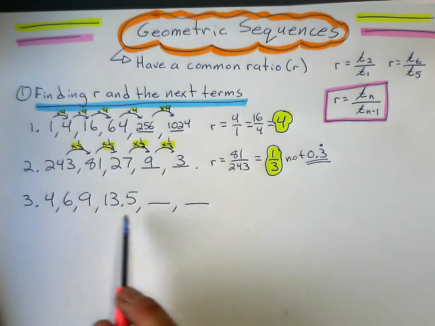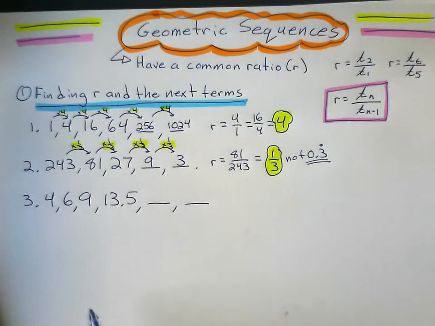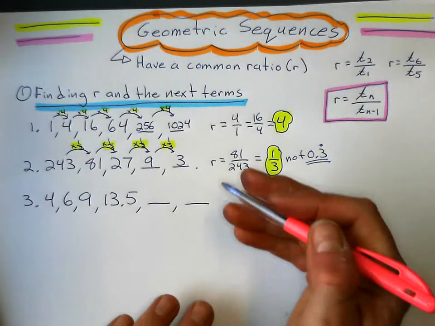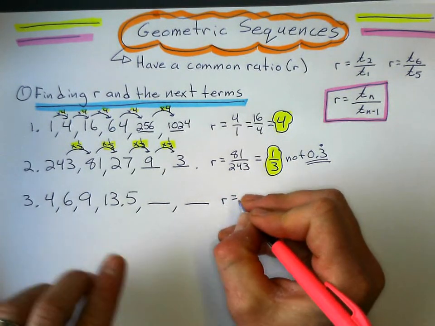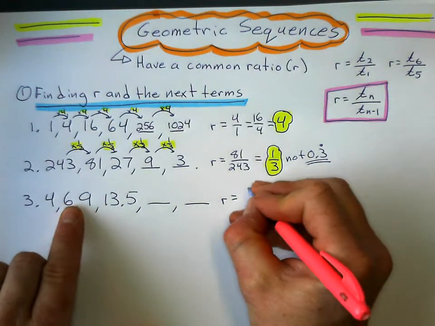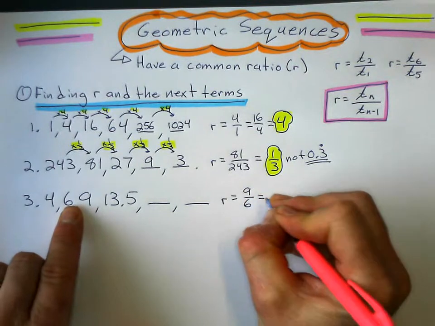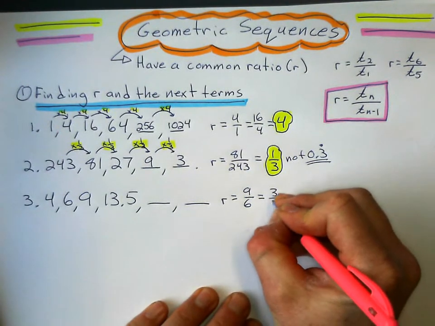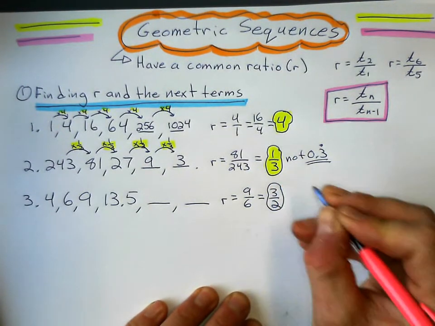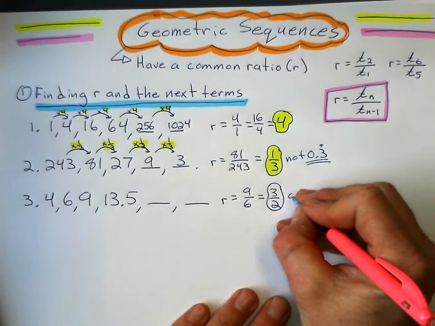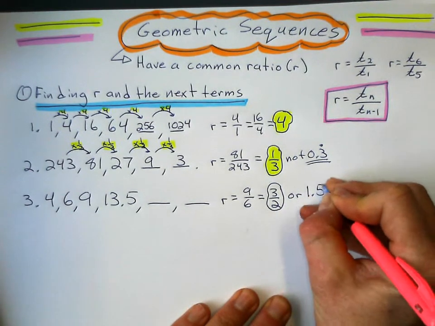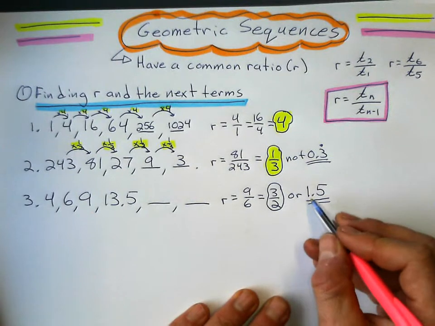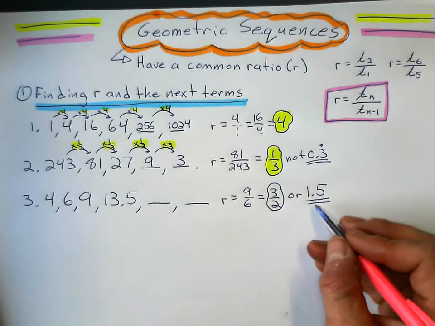Okay, let's try this one. Can you find the common ratio by looking at it? Probably not. Divide two consecutive terms. Let's try term 3 and term 2. Okay, 9/6 is 3/2. That's my common ratio. I guess we could write 1.5 because 1.5 is not a recurring decimal.